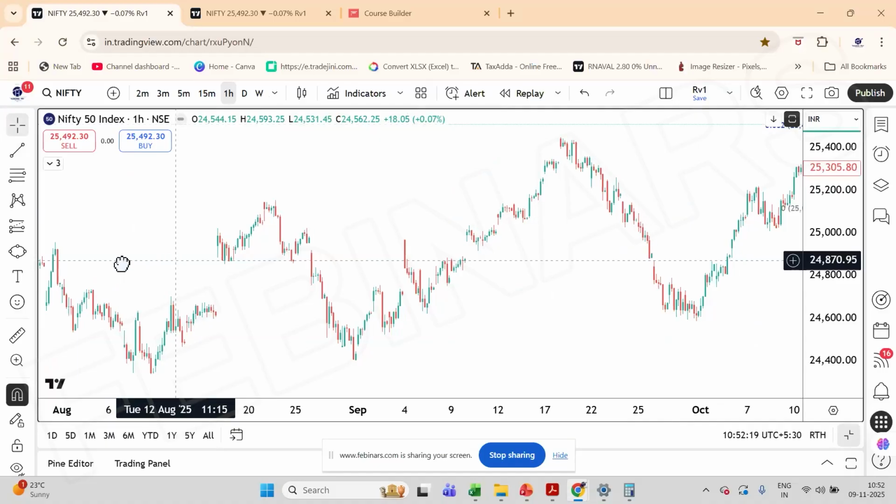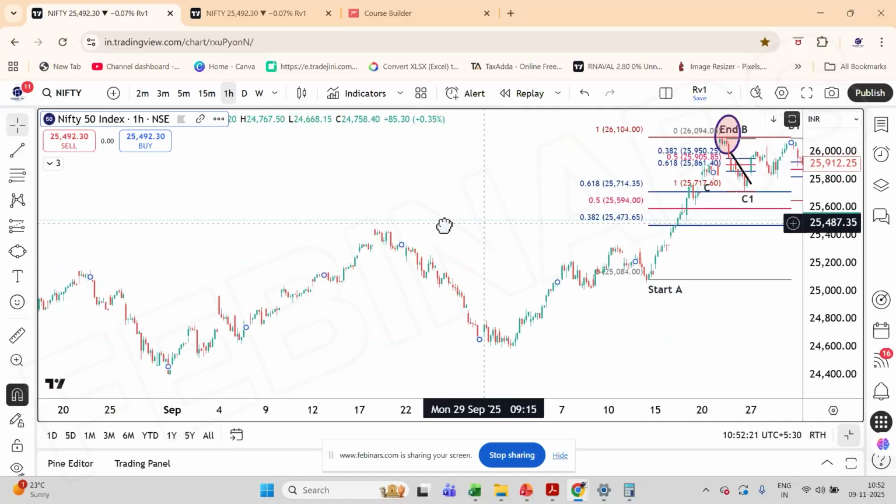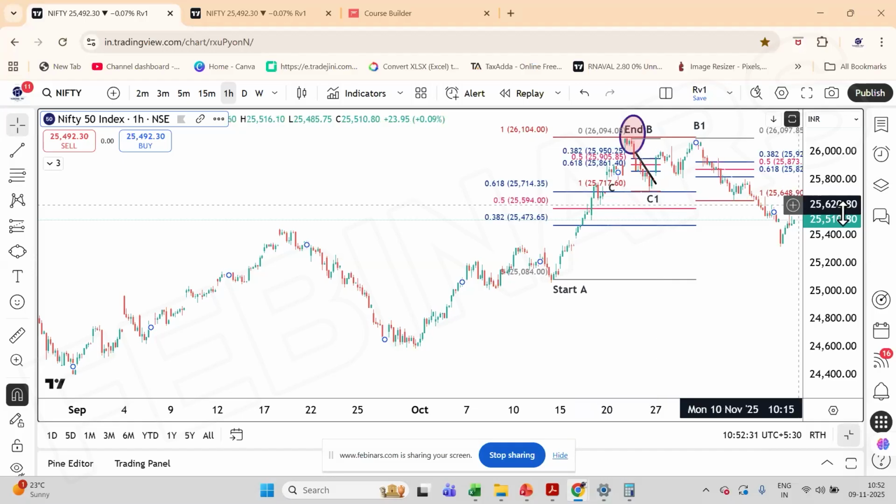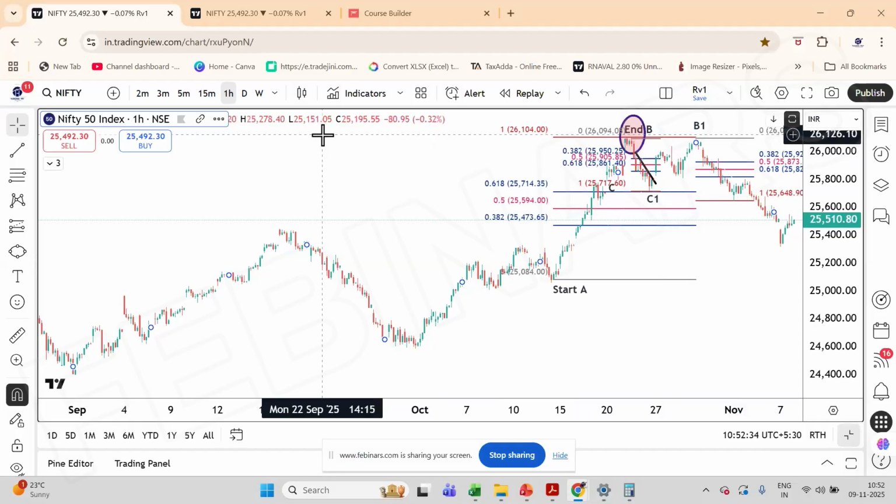Let's say on an hourly chart the grid has been drawn, right? So what to do? C1 becomes an area of support or demand zone. We call it support or demand zone, C1. It also shows the strength of the trend in the markets.